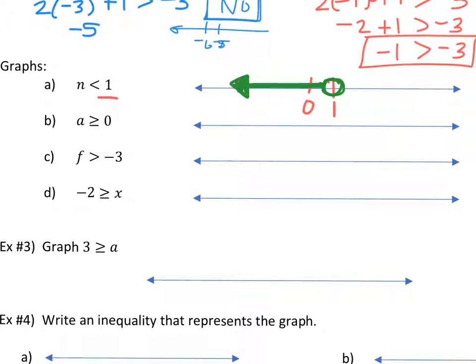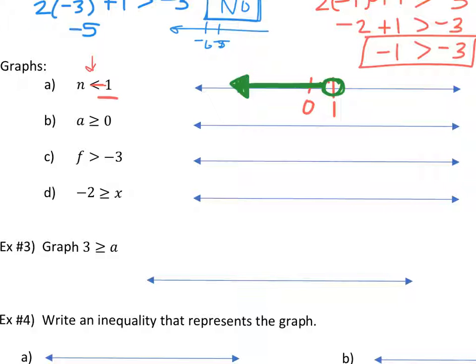If your variable is first, your symbol makes an arrow, okay? So if you look right here, n is less than 1. If I turn it into an arrow, it tells you what direction your arrow is going. It's going to the left, okay? The thing is, that only works if your variable comes first. I'll show you in a minute what I mean.